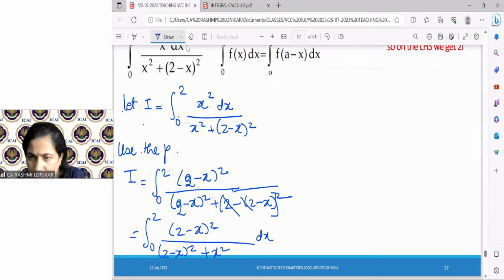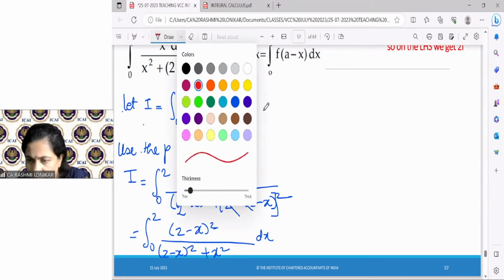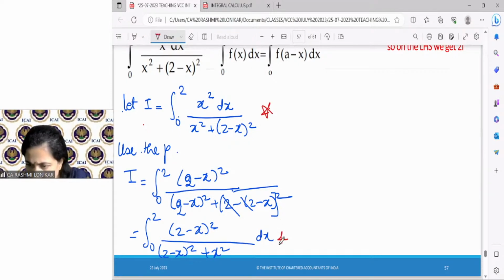Now, the most important thing here is, do you notice that this and this denominator are same?